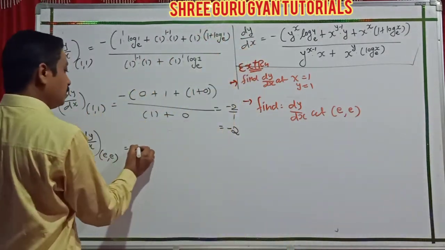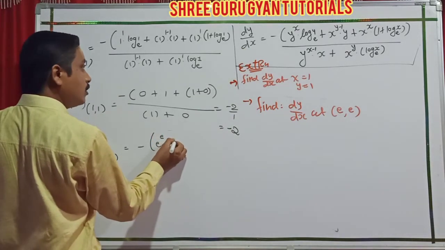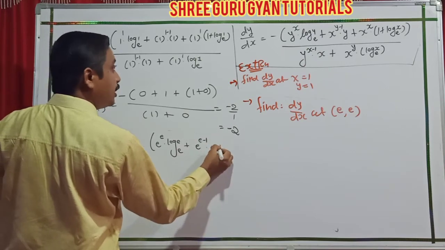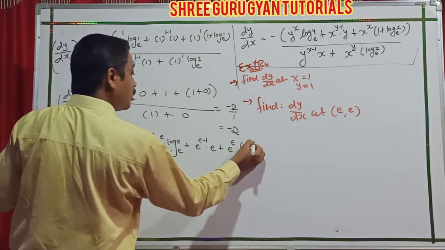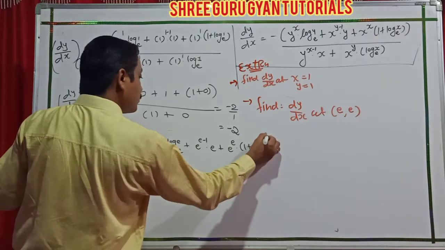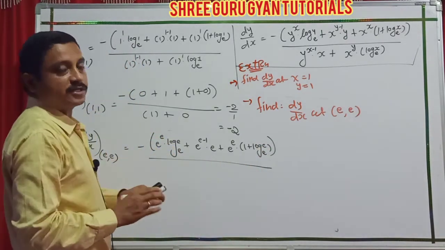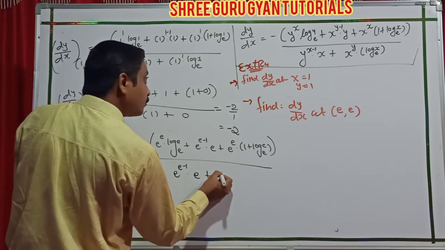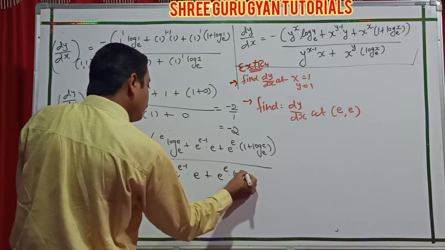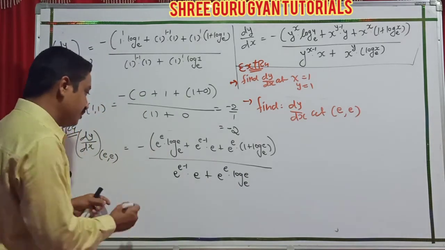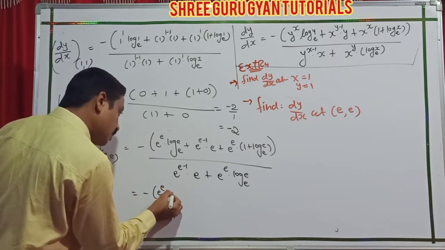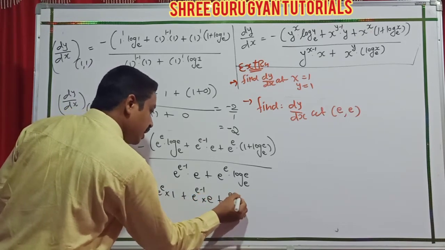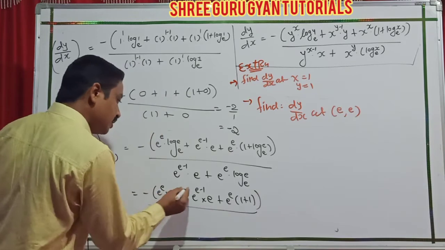My answer is here e raised to e log e base e raised to e minus 1 into e, and e raised to e into 1 plus log e base e upon here same as e raised to e minus 1 into e and e raised to e log e base e. I hope you know log e base e is 1. So e raised to e into 1 plus e raised to e minus 1 into e plus e raised to e into 1 plus log e base e 1, upon here also same.